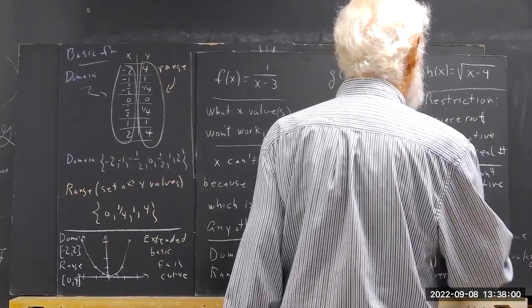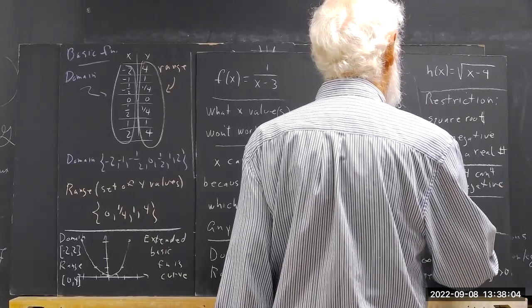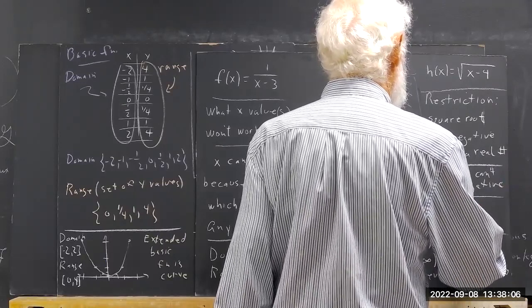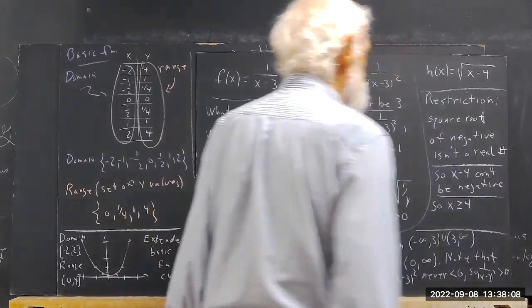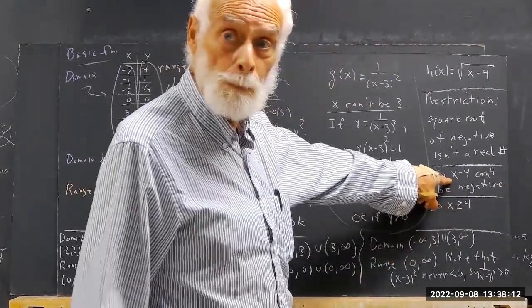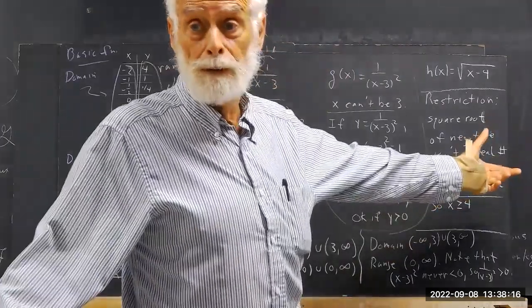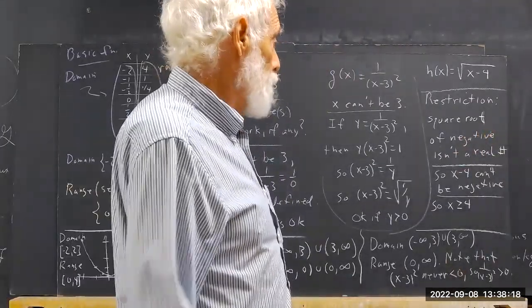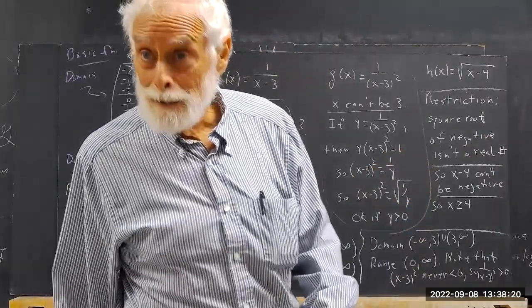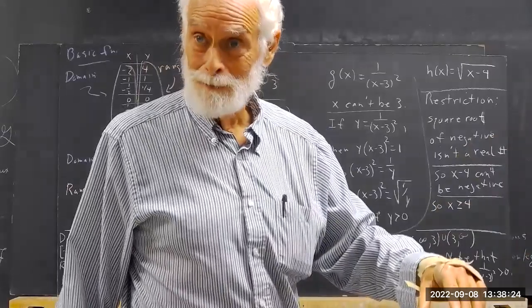Okay, square root of a negative isn't a real number, so x minus 4 can't be negative. Well, you conclude that x has to be at least 4, because if x is less than 4, if x is 3, 3 minus 4 is negative 1. If x is 3.99999, x minus 4 is still negative, right?